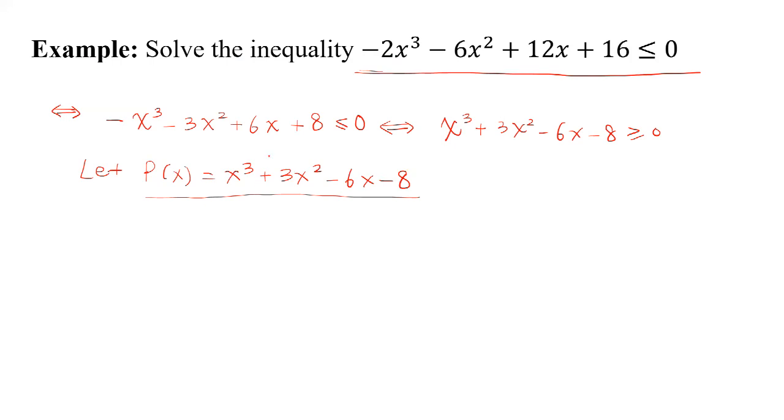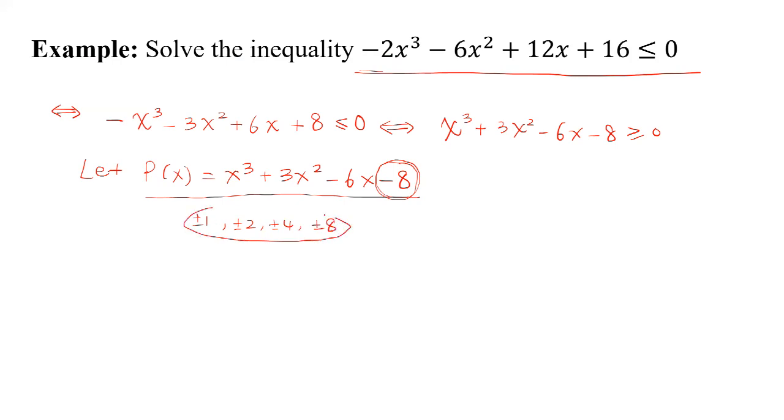If this is not very easy to factor, remember that we can always refer to the factor theorem along with the integral zero theorem. So we need to check all the factors of the constant term, which is positive or negative 1, positive or negative 2, positive or negative 4, or positive or negative 8.